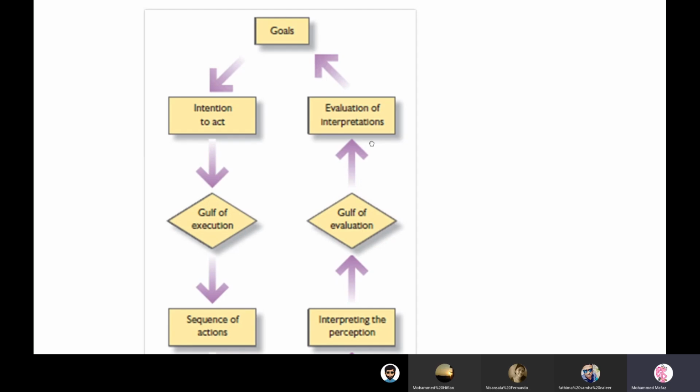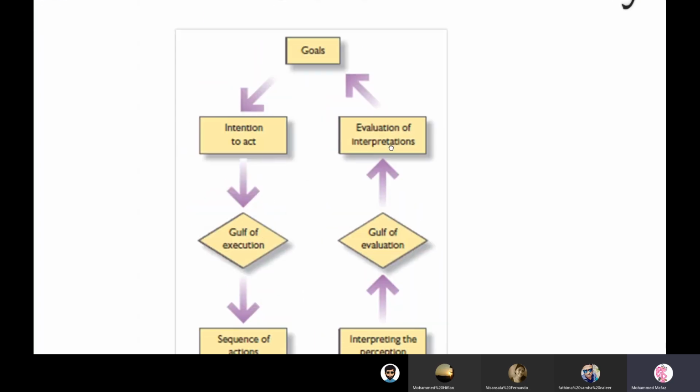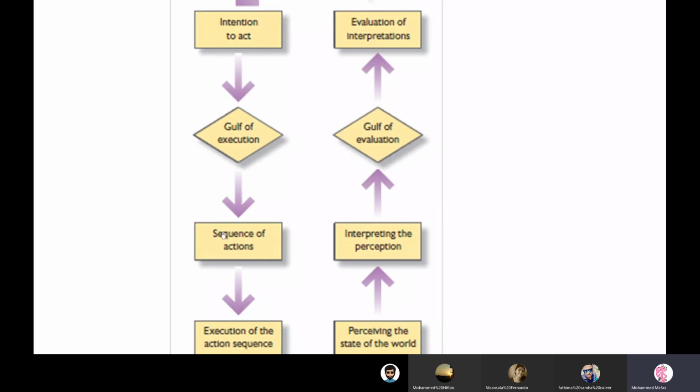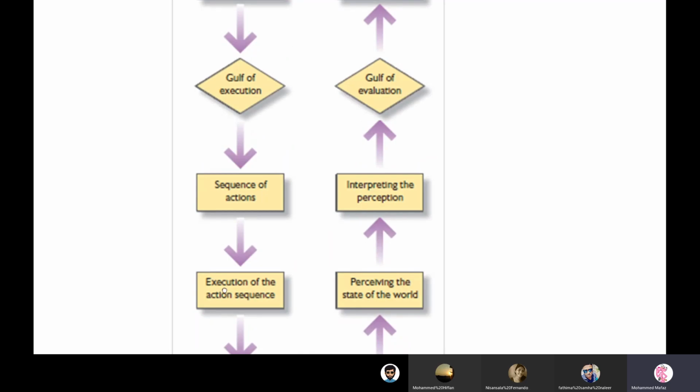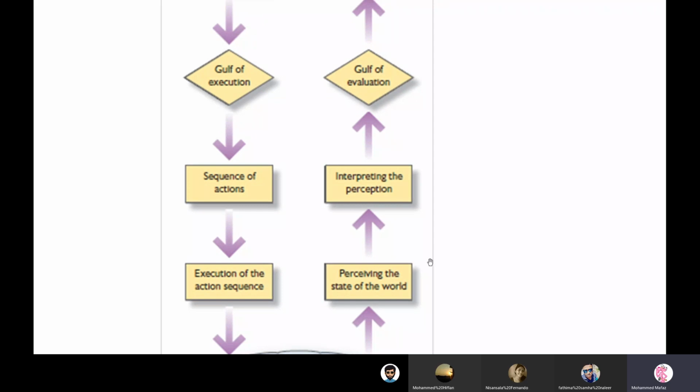Then you do the evaluation of the interpretation. Then you have to judge whether your goal is achieved. That is the final step. So these are the 7 steps. You start with the goal, you make an intention, you prepare a set of actions of what needs to be done, and then you start executing. In return, when the system is returning something, as a user, you first see what is coming, perceive it.